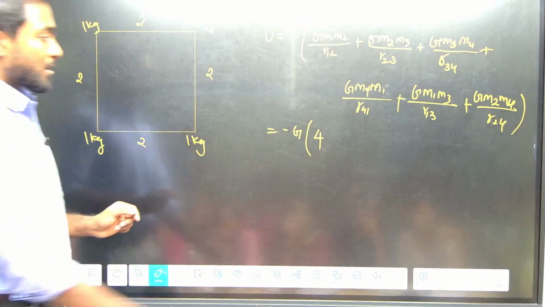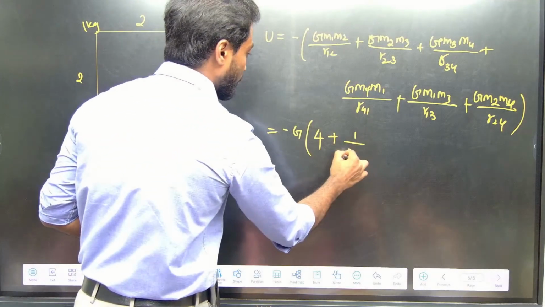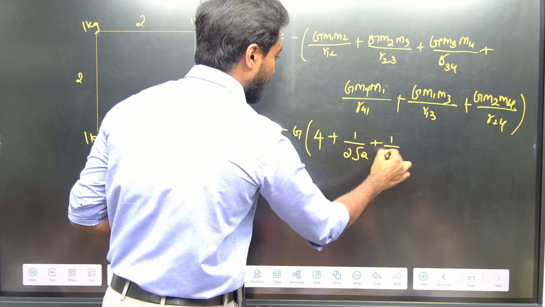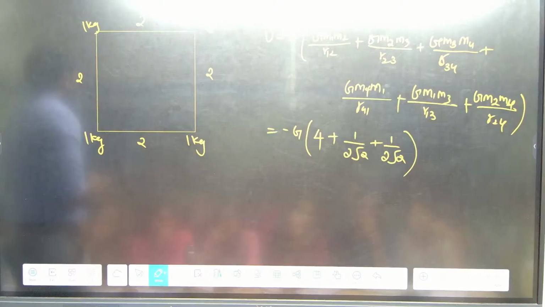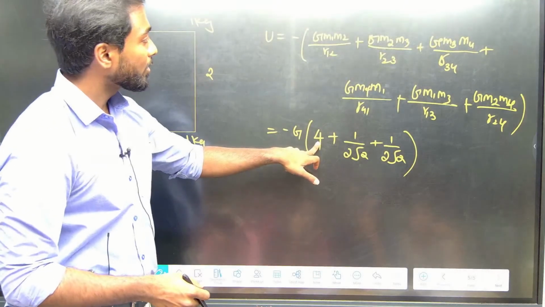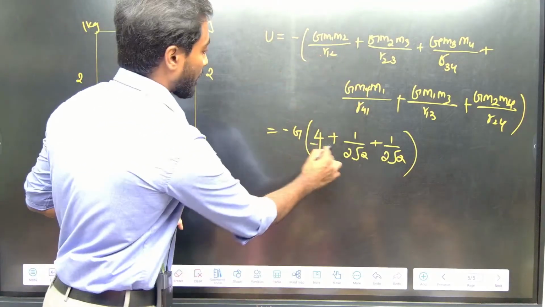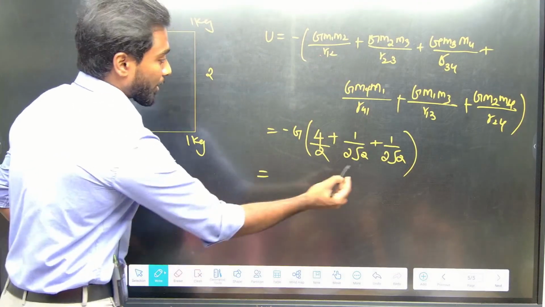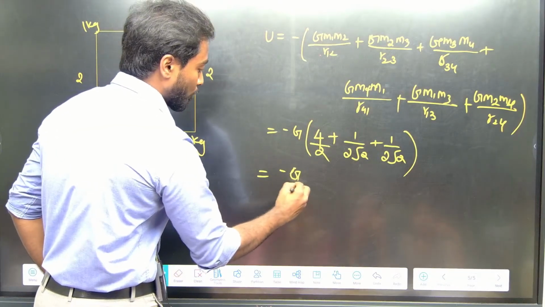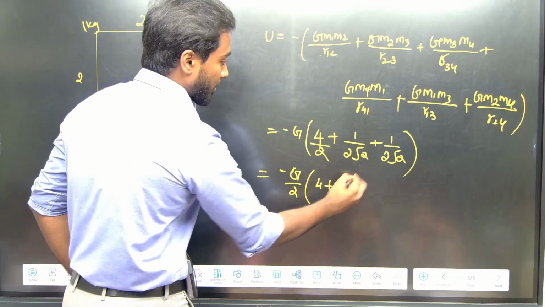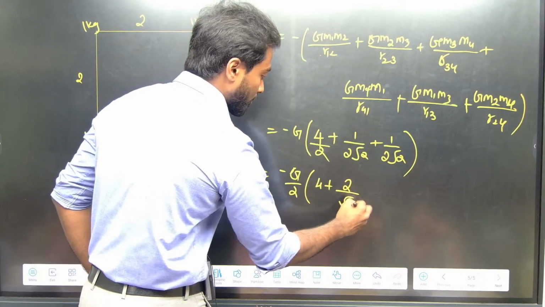Plus 1 by 2 root 2 plus 1 by 2 root 2. This one is 4 by 2. So here I can take 2 also commonly outside: minus G by 2 into 4 plus 2 by root 2.